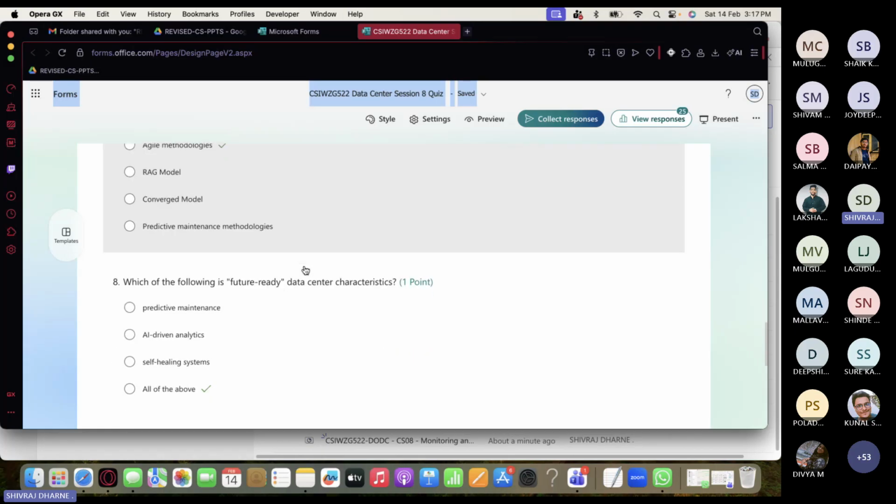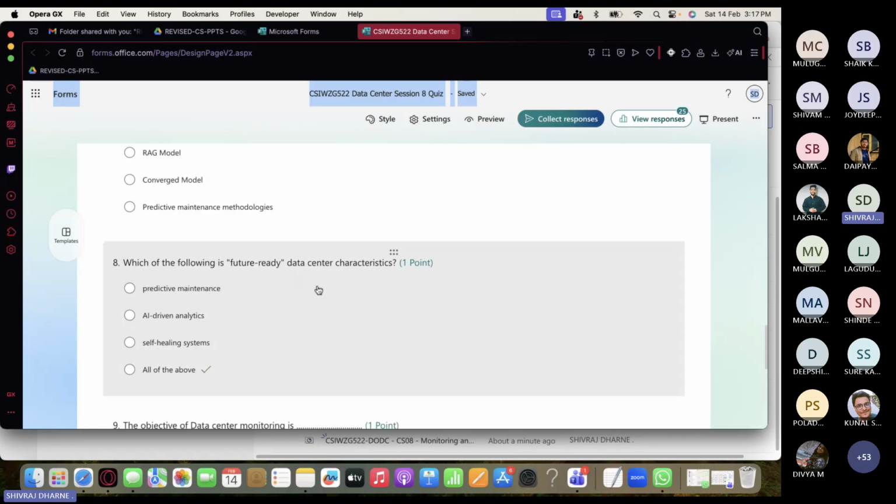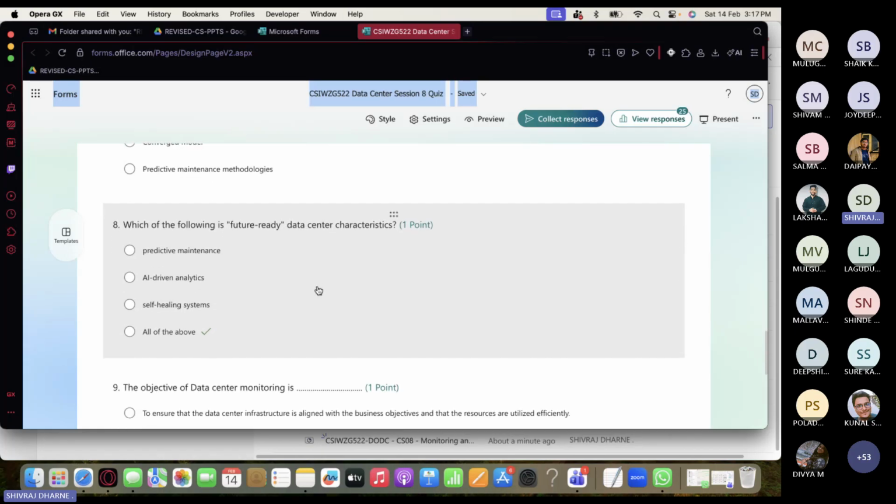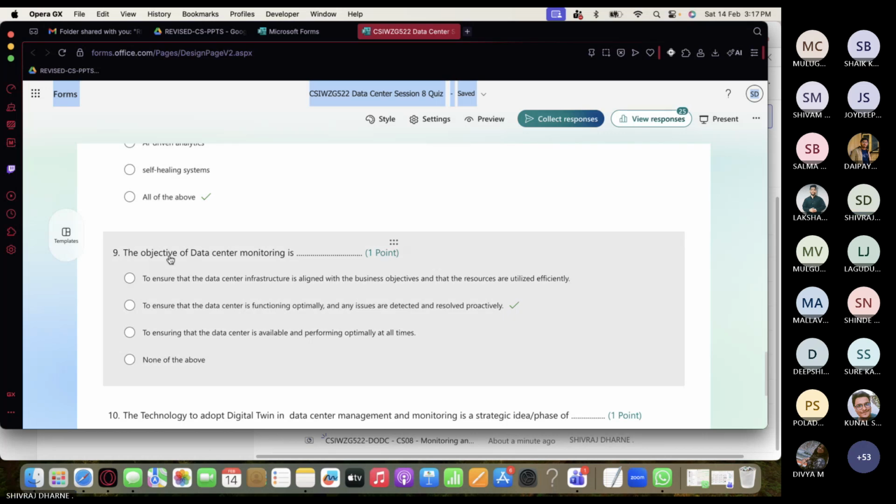We talked about it. Which of the following is a future-ready data center characteristic? Predictive maintenance, AI-driven analytics, self-healing systems, all of this. So this is all of the above, the answer. The objective of data center monitoring is what?